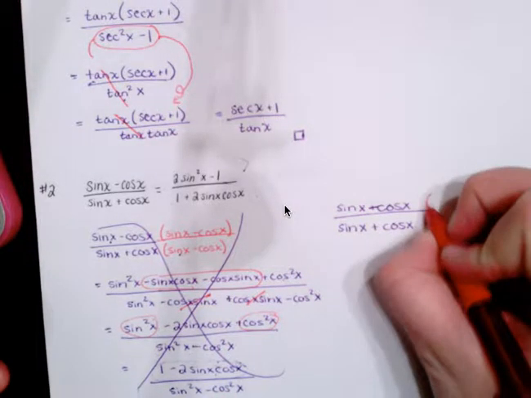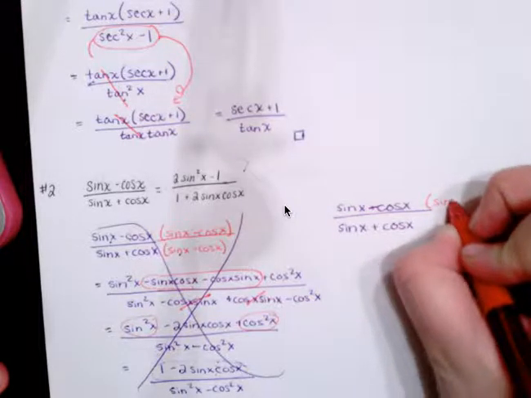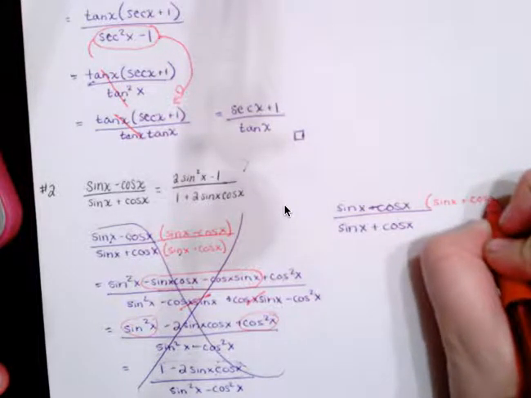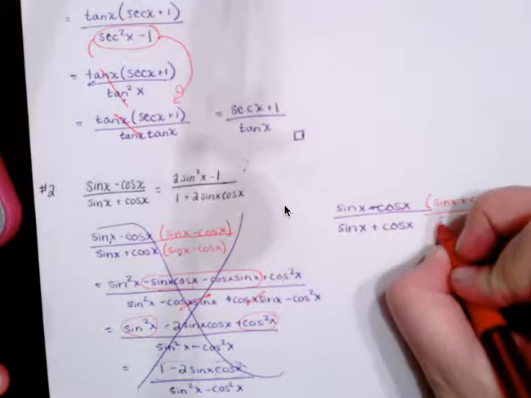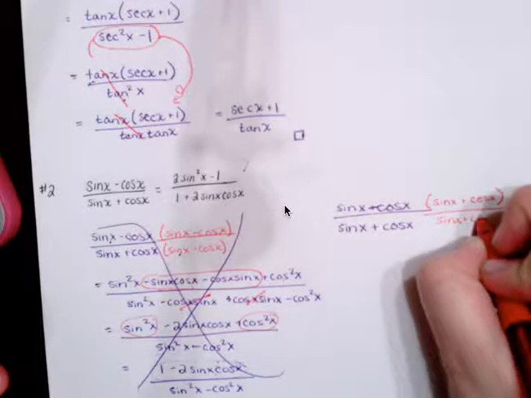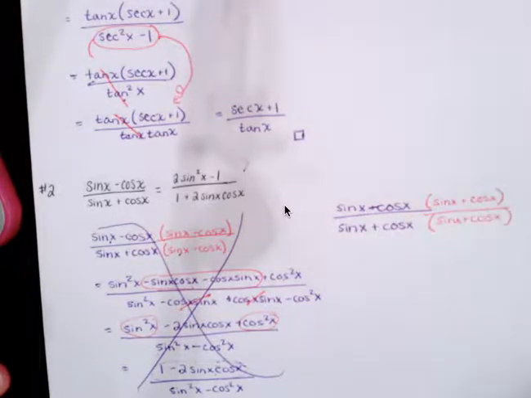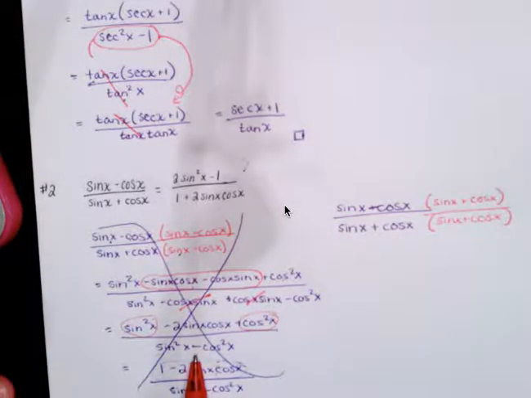So let's try timesing this by the conjugate of the top, which is sine of x plus cosine of x over sine of x plus cosine of x. See if that gets us any closer. So remember, if you're doing it, it's okay to not get anywhere where we need to be and try again a different way. We got really close, so let's try it with the conjugate of the top.